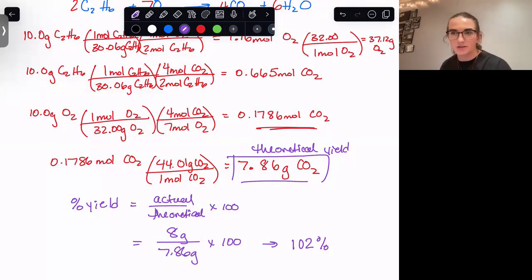There are a lot of factors that might contribute to an over 100% yield, but most of the time it's going to be less than 100%. But for the sake of this problem, we're just looking for an answer, so that works. In this case, our percent yield is 102, and that would be that.